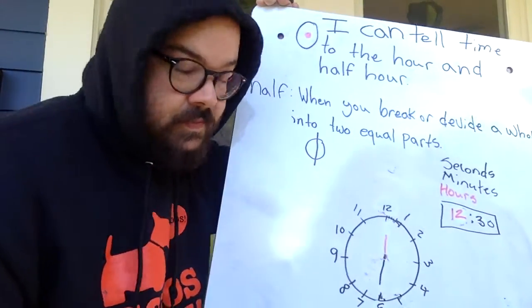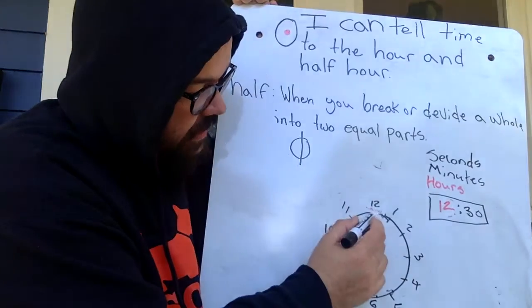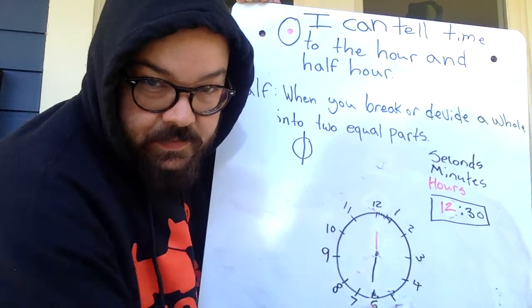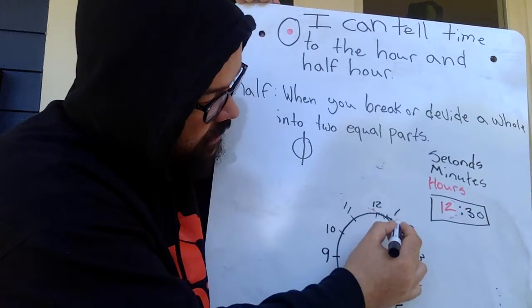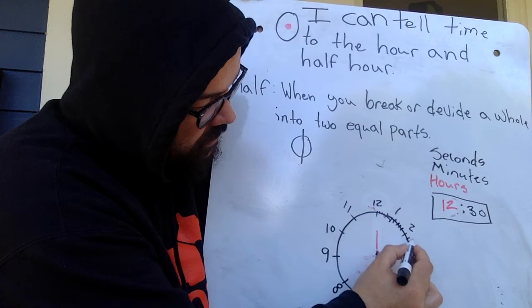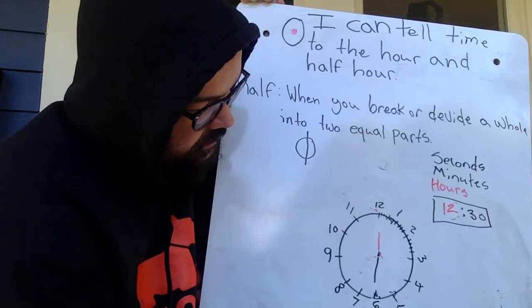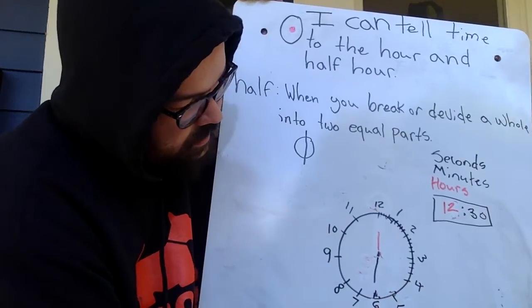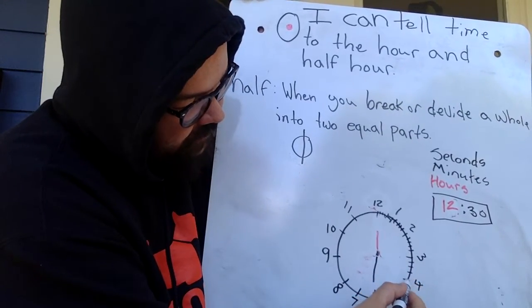You ready? All right. Because, see these little tick marks right here? It's kind of hard to see. But in between each number, there's going to be some more little tick marks. 1, 2, 3, 4, 5.